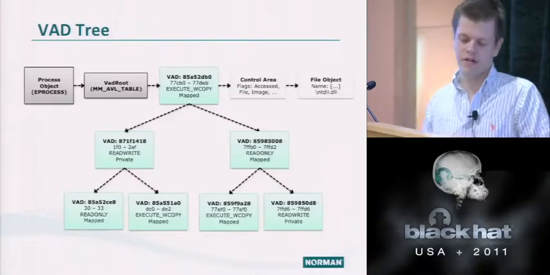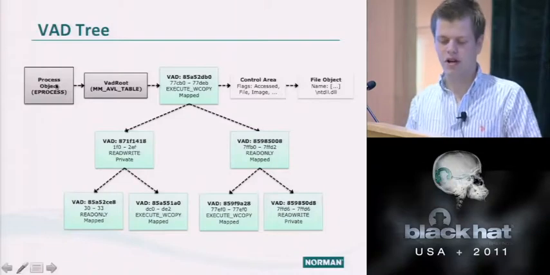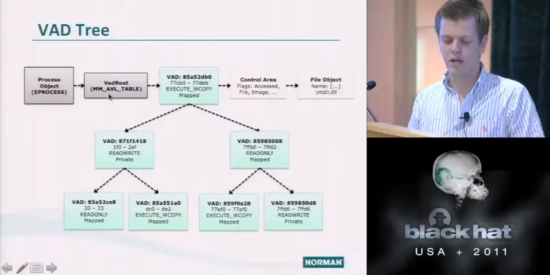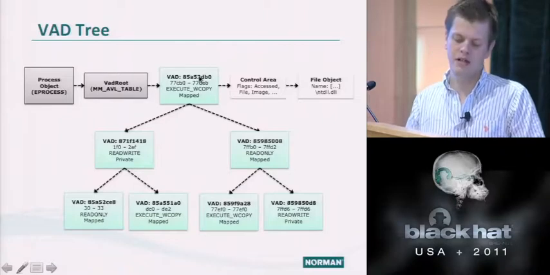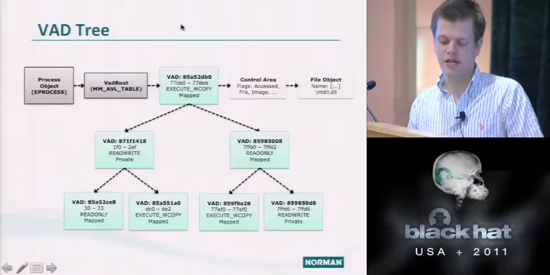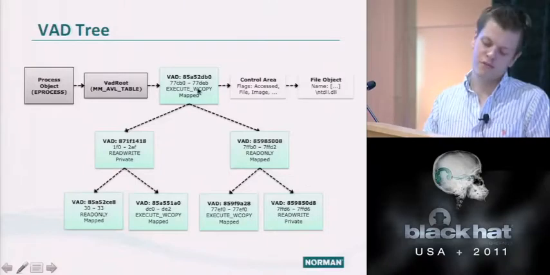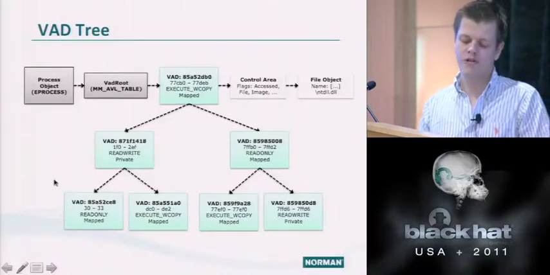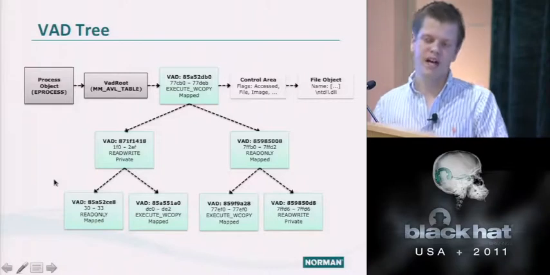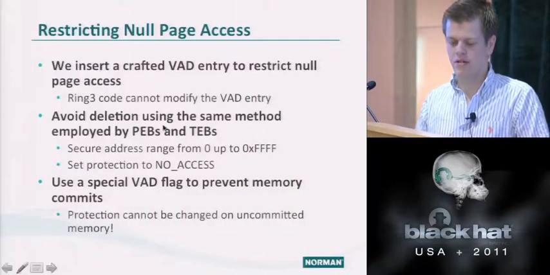So this is really how a VAD tree looks. You have a process object with a pointer to the VAD root, and then a binary tree that represents all the address ranges. So what we want to do is make a VAD entry for the null page to prevent that from being mapped.